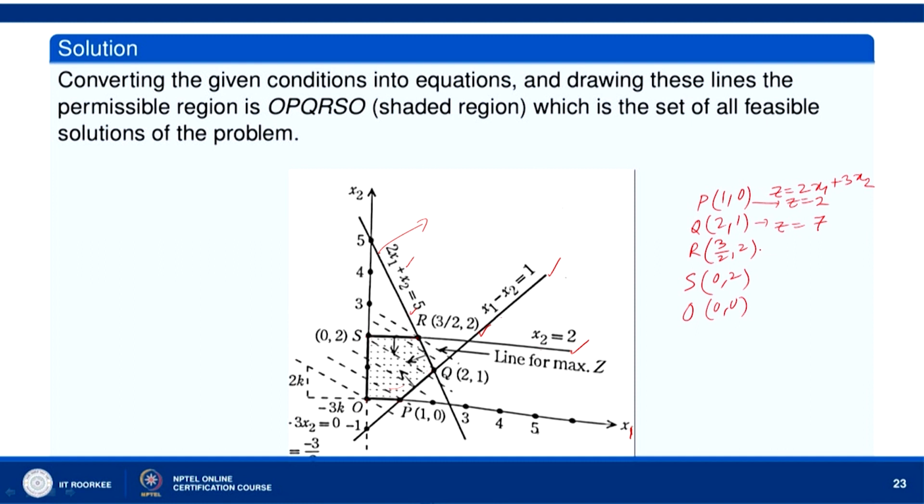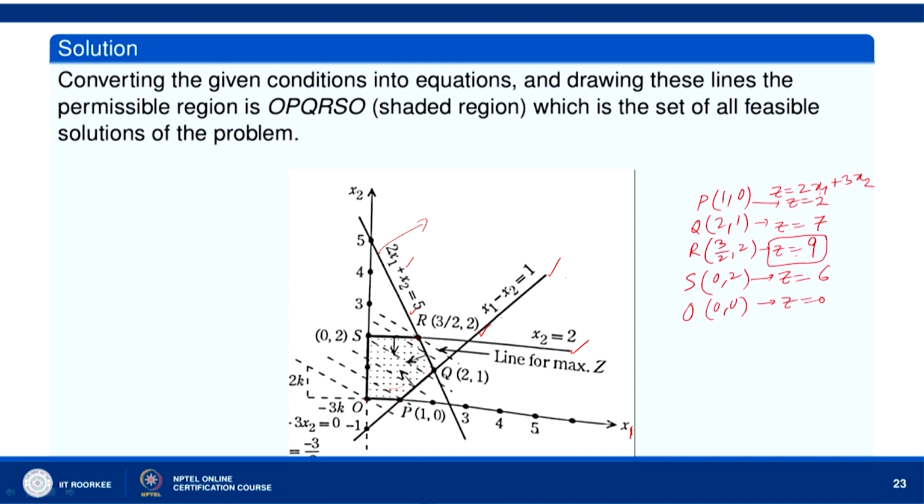For R (3/2, 2), Z is 2 into 3/2, so that is 3, and then 3 into 2, so this is 9. For S (0, 2), Z is 6, and Z equal to 0 at O.